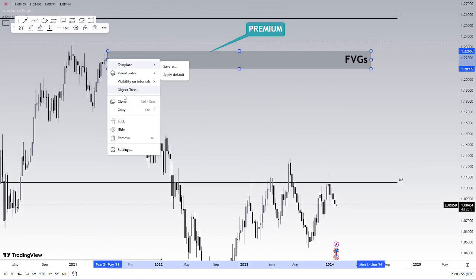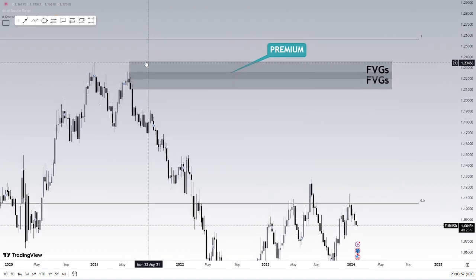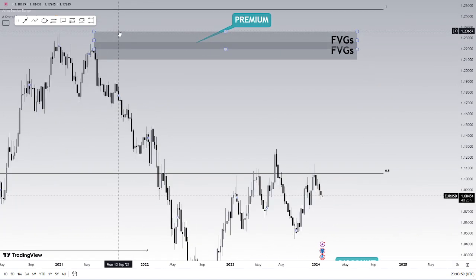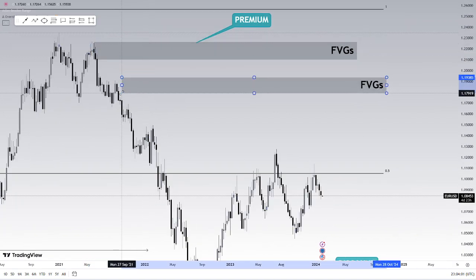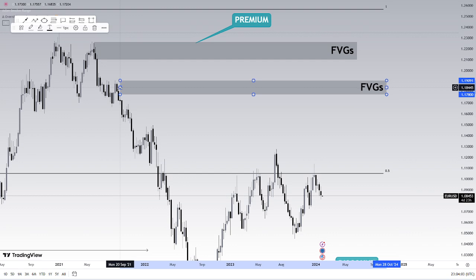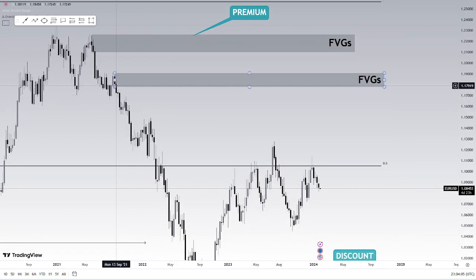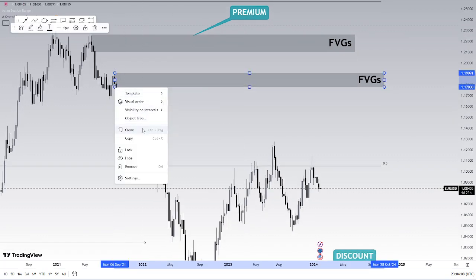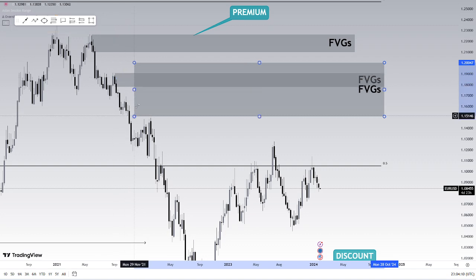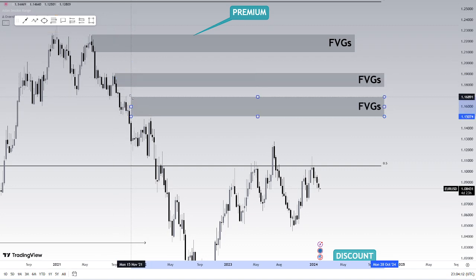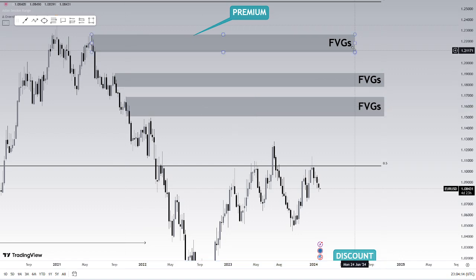So here we have a fair value gap over here. We have a fair value gap over here. And we have a fair value gap just beneath that over here. Or just over here.